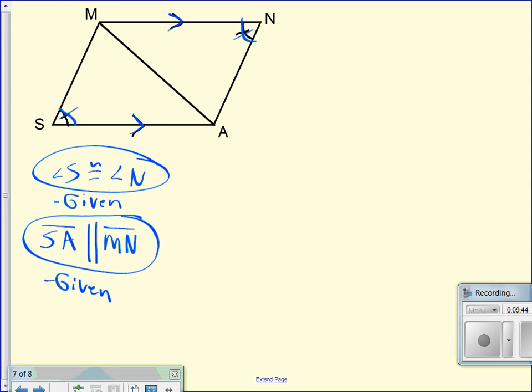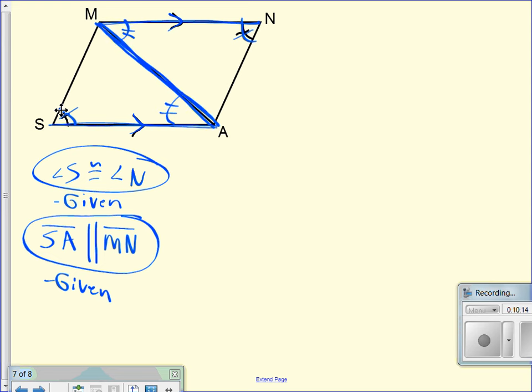So, now let's see, what else do I have? Well, let's stick with those parallel lines. Now, that's going to lead to something. This and this are my 2 parallel lines. What I tell my students often is to look for a Z, to be able to make that Z with two parallel lines. And I see right here is my transversal that creates, I'll mark it with 2, alternate interior angles.